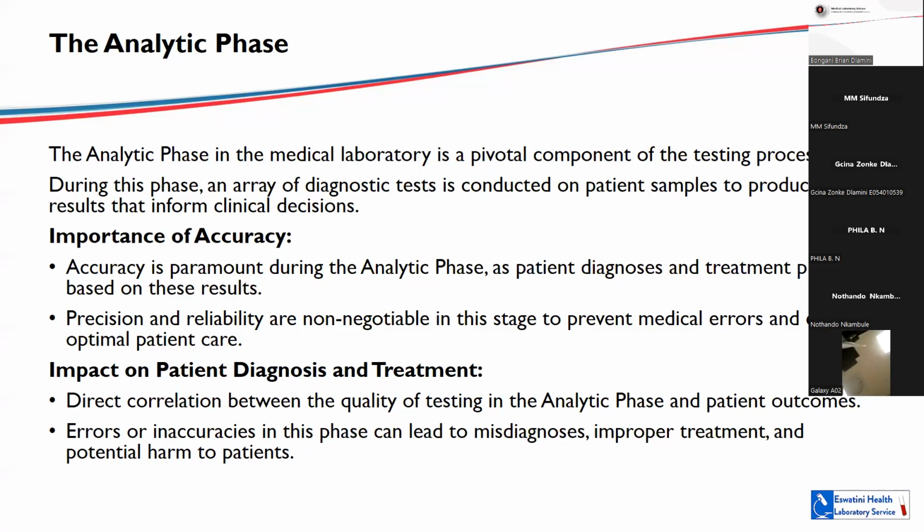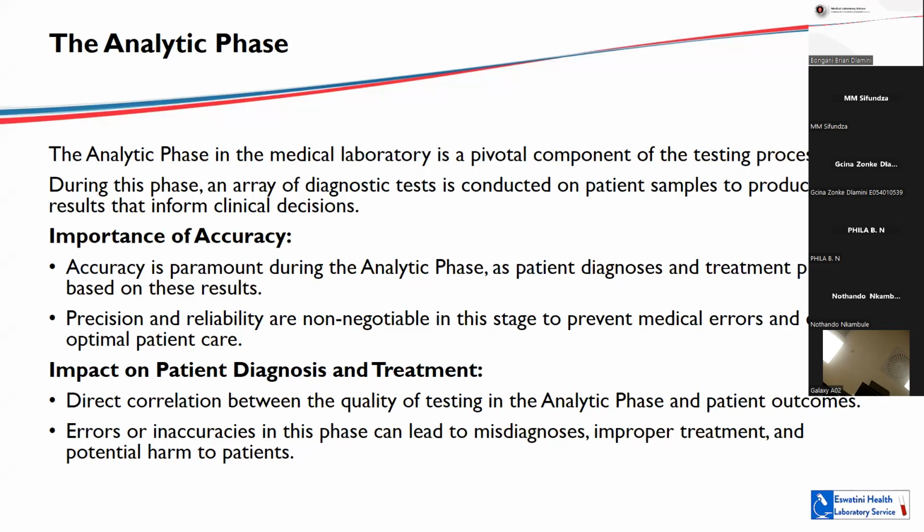There will be a direct correlation between the quality of testing in the analytical phase and the patient outcome. So when we do the testing in the right way, according to our SOPs, according to the standard, then we get good results that are going to be of good help to the patient.